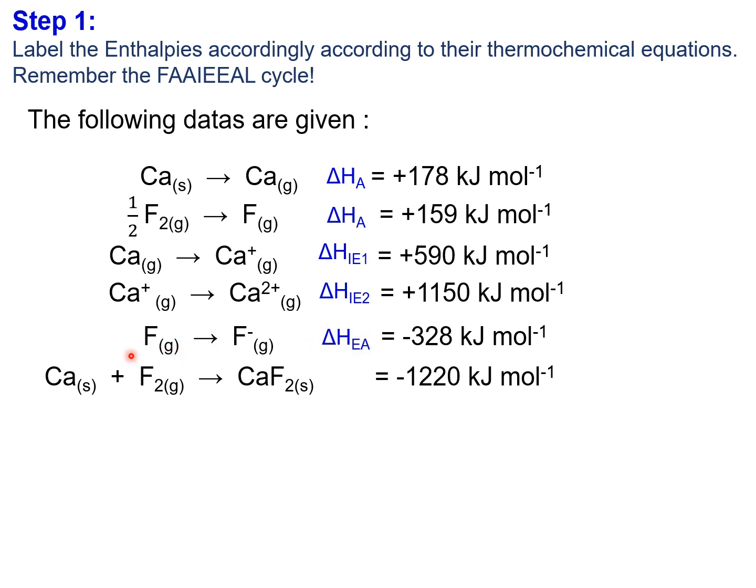Okay, daripada gaseous atom of fluorine, dia form a single negative charge fluorine. Okay, fluorine in gas phase. Lastly, I believe that this is enthalpy of formation. You must be wondering, kalau enthalpy of formation kena letak half kat sini. Kenapa dia letak half? Okay, sebab ada sebabnya. So let's build our Born-Haber cycle later.